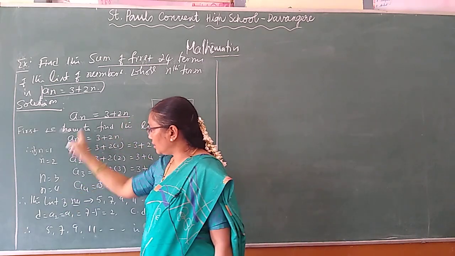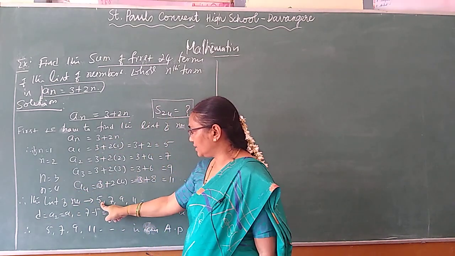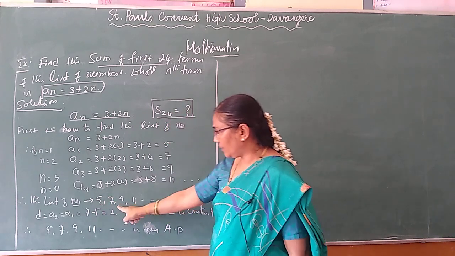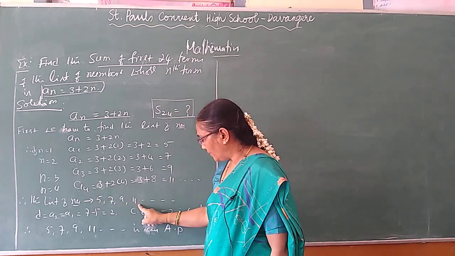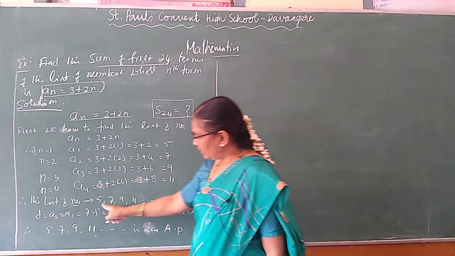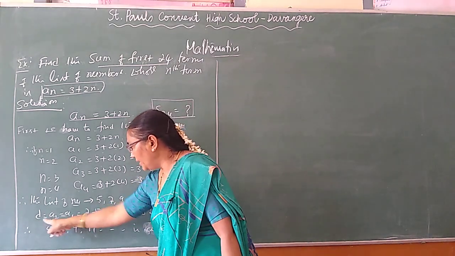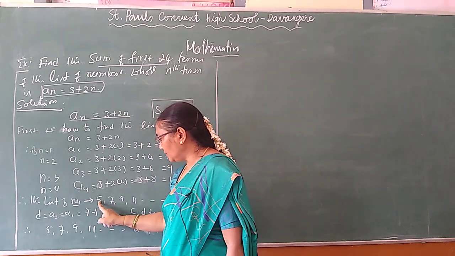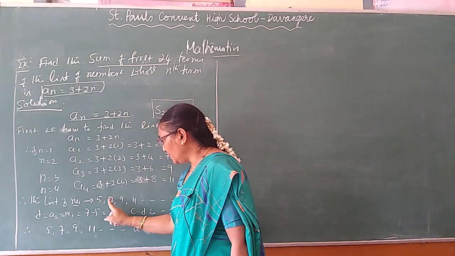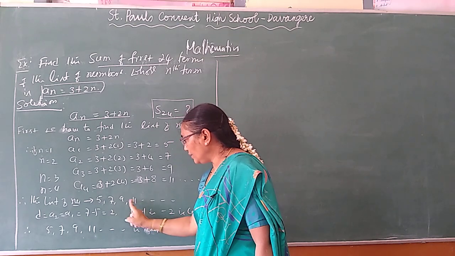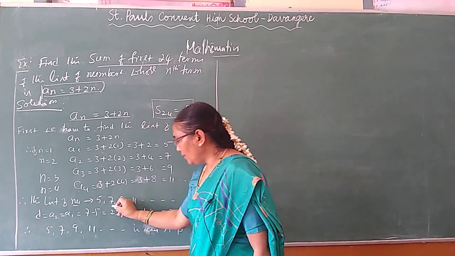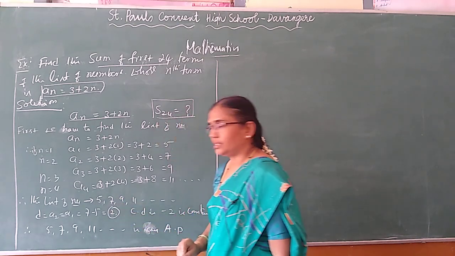Like this, you can find the terms of the given form. So from this, we get the list of numbers like 5, 7, 9, 11, etc. From this list of numbers, we can find there is a common difference. 7 minus 5 is 2, 9 minus 7 is 2, 11 minus 9 is 2. Therefore, this d is constant.